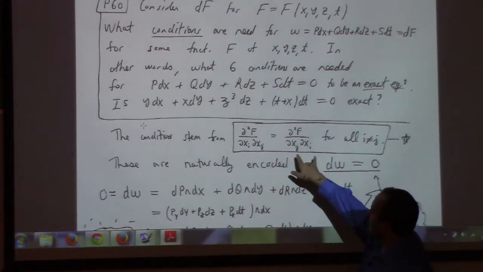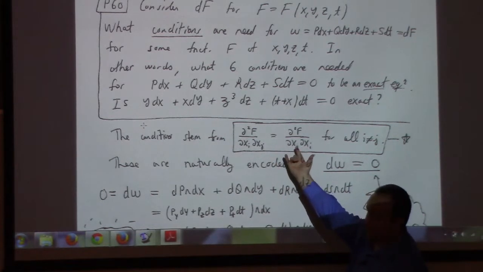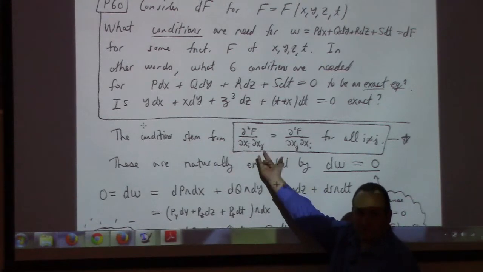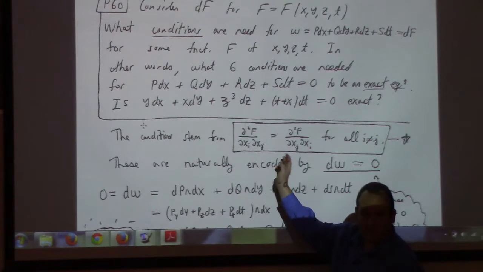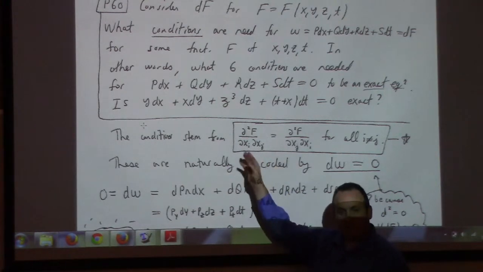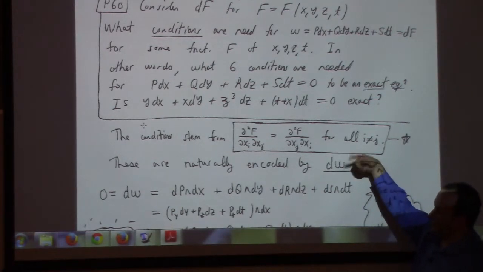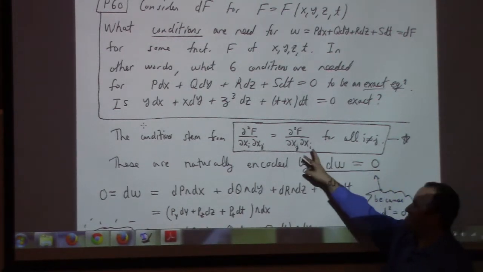And so if you look at that, if I've got 4 variables, it turns out they're what? There's the first with the second, the first with the third, the first with the fourth, the second with the third, the second with the fourth, and the third with the fourth. Count them: 6 different consistency conditions. And so when you trace out through that, you'll get 6 conditions.